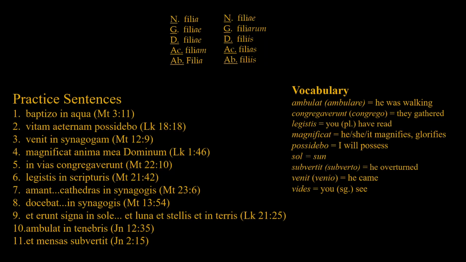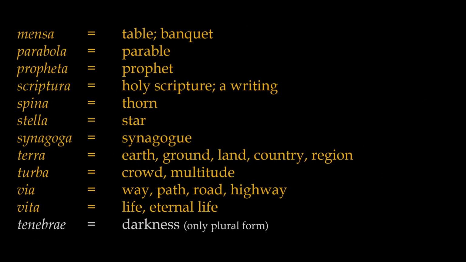Et mensas subvertit. He, she, or it overturned. We know from the context, we can look it up, that it's a he. He overturned, subverted. What did he overturn? He overturned, up at the top there, mensa, table, banquet.